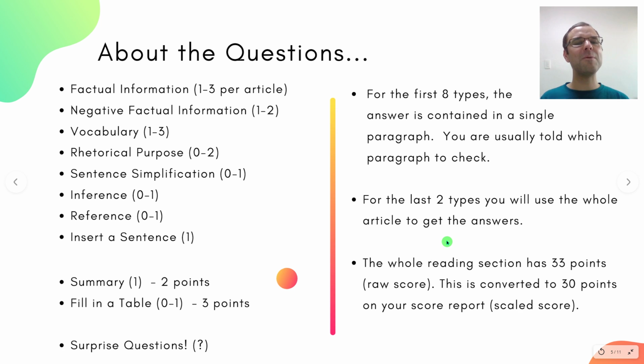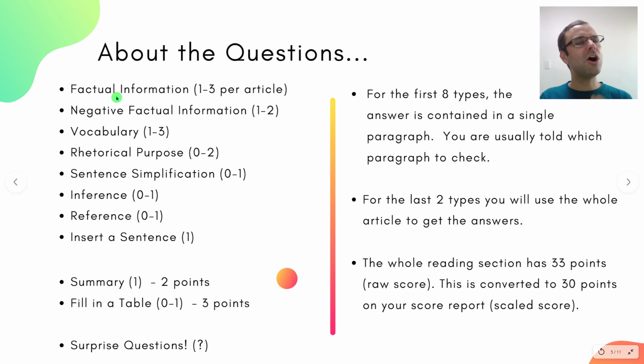Okay, so how about the questions? Well, here on the left-hand side of the screen are the various question types. Let's start by looking at the first 8. These are all multiple choice, so you're picking an answer from among 4 choices.